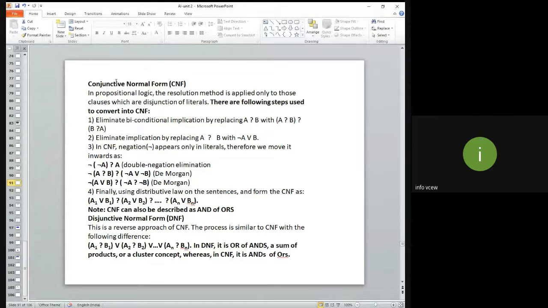Ma'am, what is distributive law, associative law? Nobody knows what is distributive law and associative law?